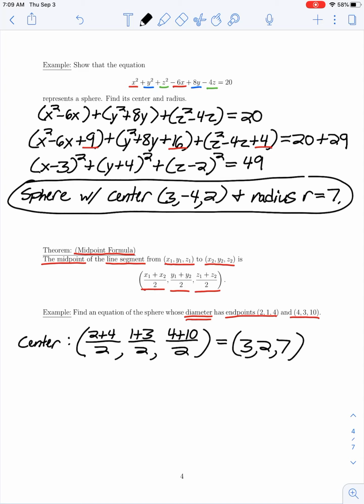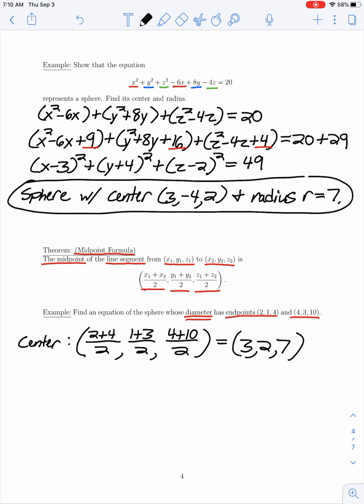Let's think about how to find the radius. The radius could be calculated in a couple of ways here. We could either find the distance between the 2 points which form the diameter of our sphere and then halve that distance, because the radius is half the length of the diameter.